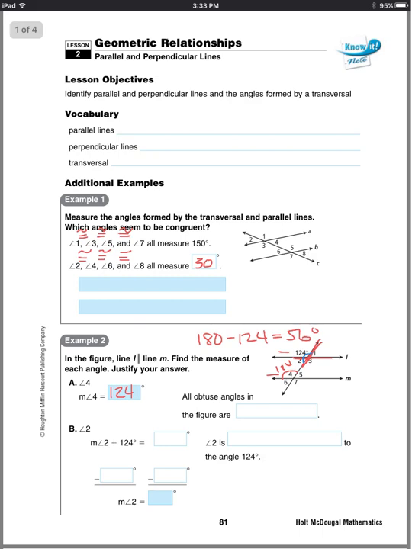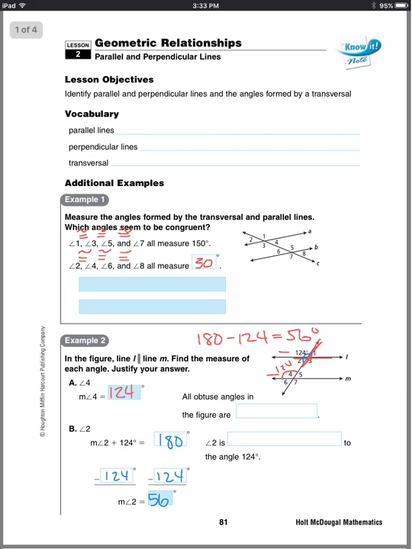So, they're going to add up to 180, and we've already subtracted 124 from 180, so we know that angle 2 has to be 56 degrees. Okay? Because the measure of angle 2 plus 124 needs to equal 180 because they're on a straight line, we subtract 124 from both sides, and we get 56. That's what we just did. I just talked you through it.